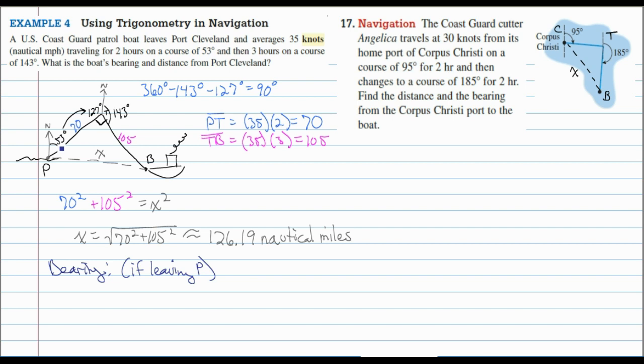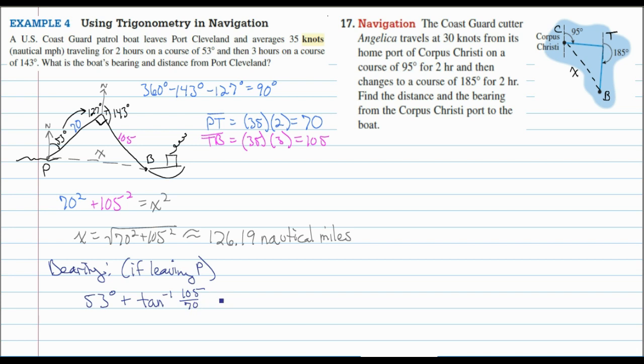Well, that's going to be 53 degrees plus this little angle inside of our triangle. To find an angle, we all know we can use inverse trig. I know 105 and 70, and those are very easy numbers. I didn't have to round or use a number in my calculator. So I'm going to use this angle's opposite and adjacent, and take the inverse tangent of 105 over 70.